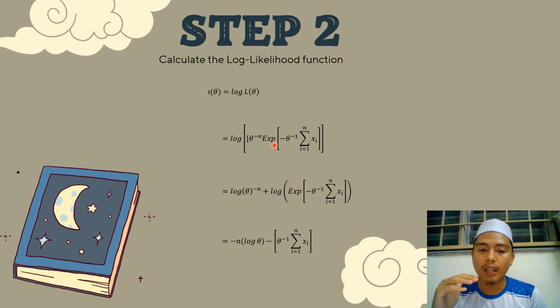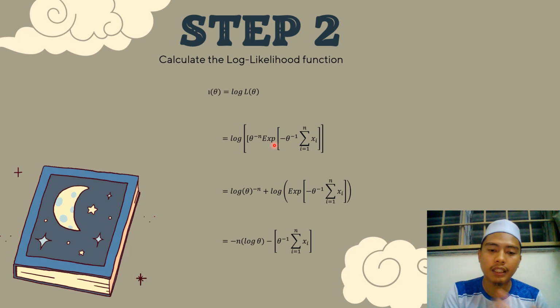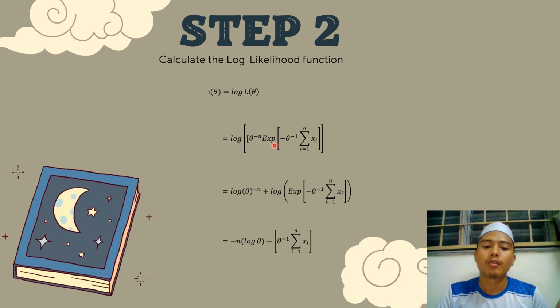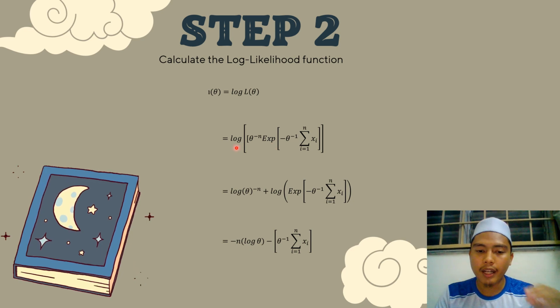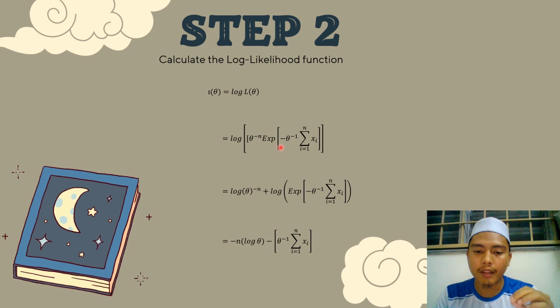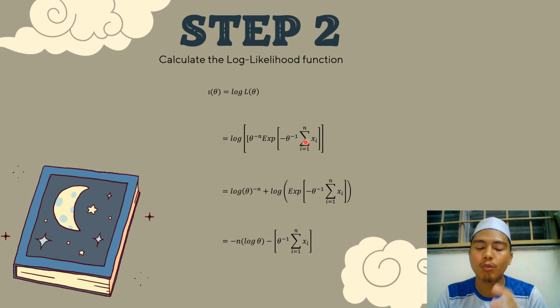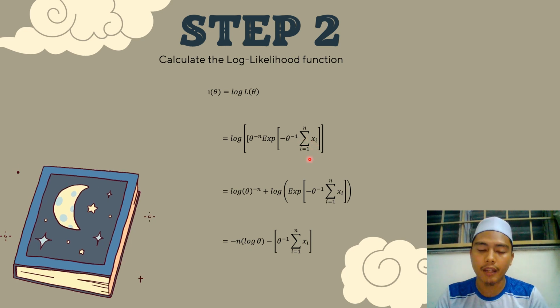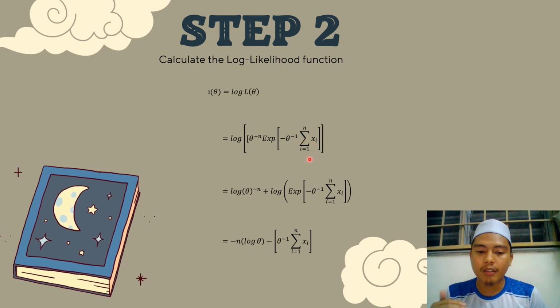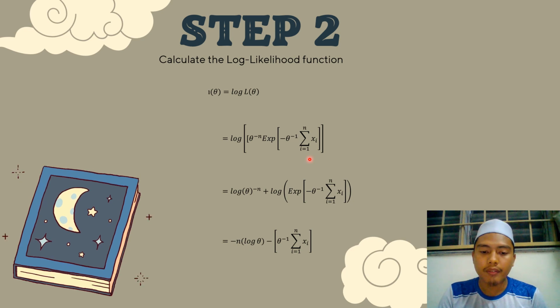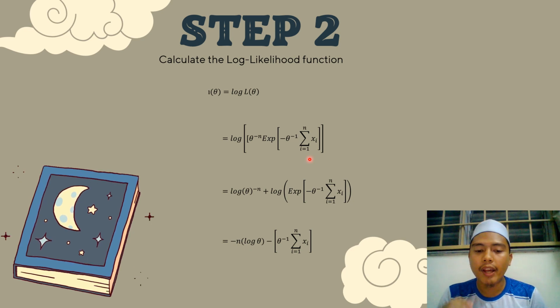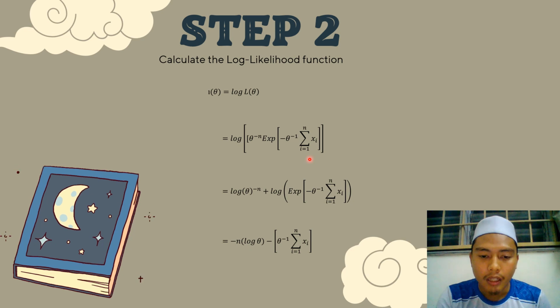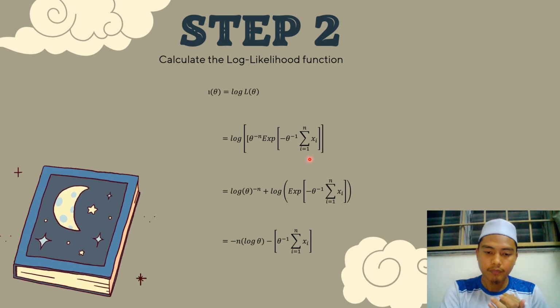In this step, we have to log the likelihood function. So we write log of theta power of negative n times exp bracket negative theta power of negative 1 times summation of x. After that, we expand the log to every variable, which are theta and x.